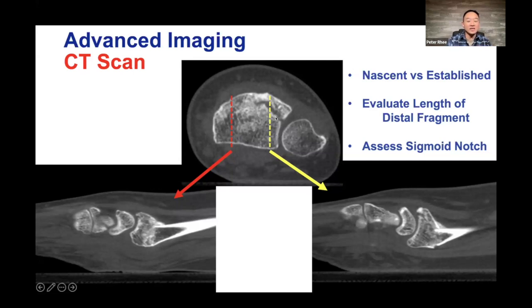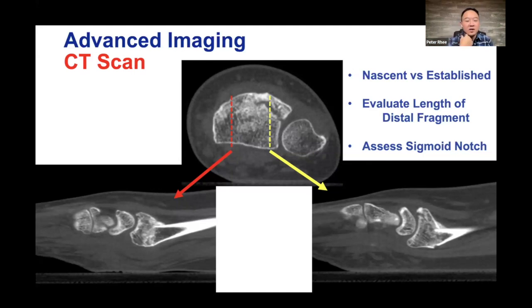Knowing then that once it's all healed, there may be some malunited areas here that you may have to address. And I think knowing if it's nascent or established helps you decide, do you have to completely find a new plane to create an osteotomy, or can you use a somewhat immature plane to recreate your fracture?